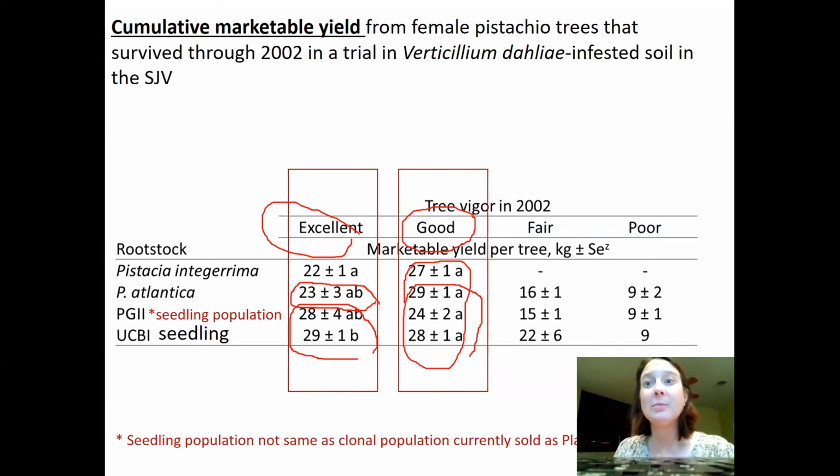And Pistachio integerrima, that's where you get the PG1. Those good, vigorous trees were as productive as the UCB1 seedling. You just have to remember the limitations of each variety so that you can choose the rootstock that best suits the needs of your system and your orchard.